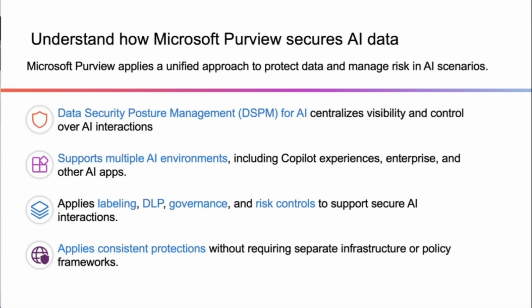And this helps us to apply protections to enable us to say, okay, we're going to treat our prompts, our responses, and our generating content in the very same way that we will protect the data that we traditionally create through Word, Excel, etc., and that we store in places like SharePoint. So we can apply the same sort of centralized visibility and control over everything that we do.